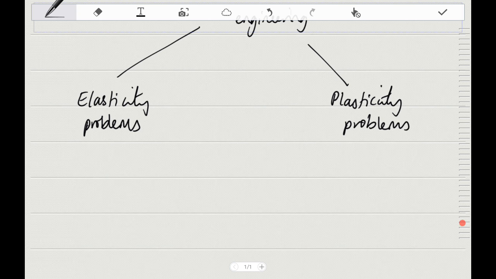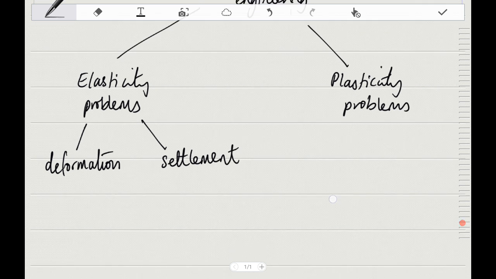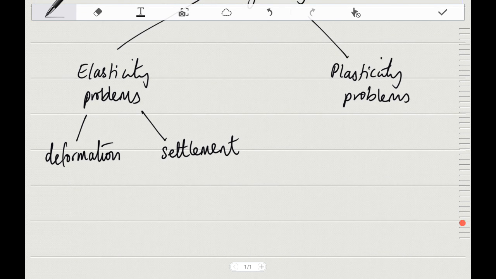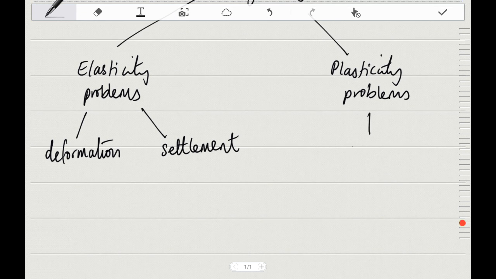So that's stuff like deformation, which we're used to. We're used to calculating deformation and settlement. But then you have plasticity problems. Now this is looking more at stability, right?